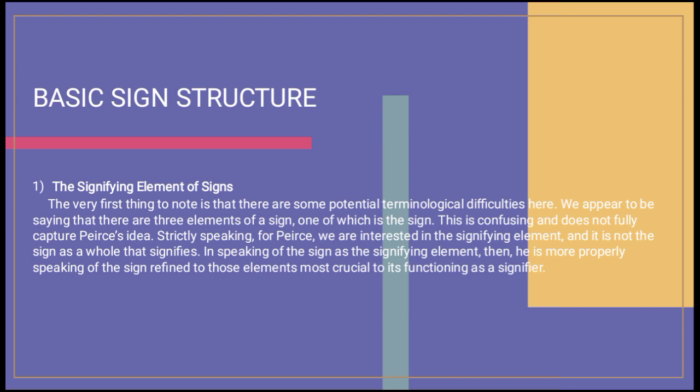Strictly speaking, for Peirce, we are interested in the signifying element, and it's not the sign as a word that signifies. In speaking of the sign as the signifying element, he is more properly speaking of the sign refined to this element most crucial to its functioning as a signifier.